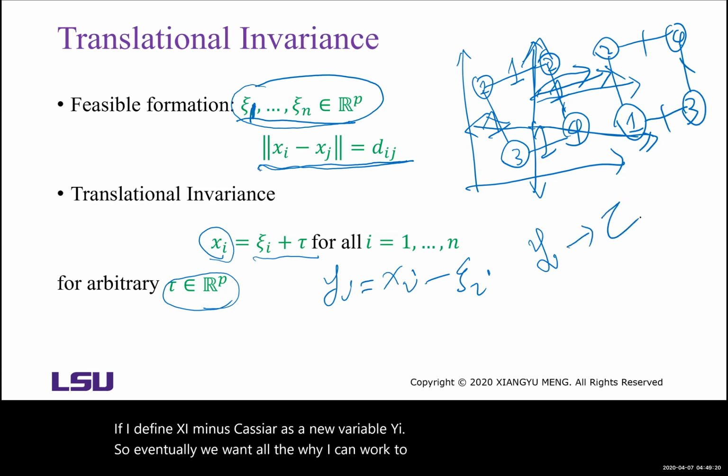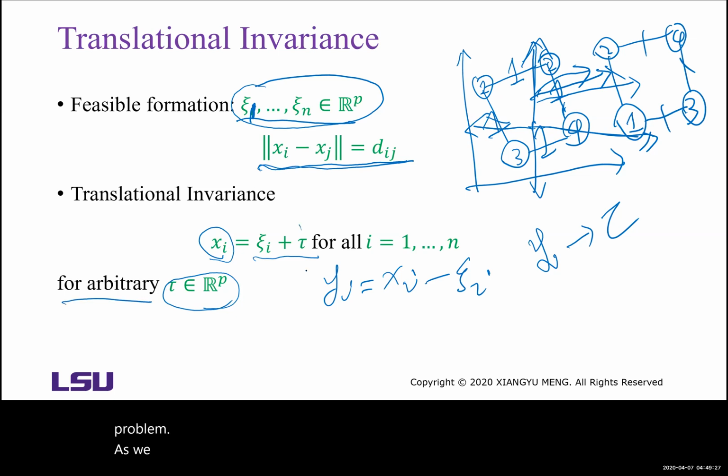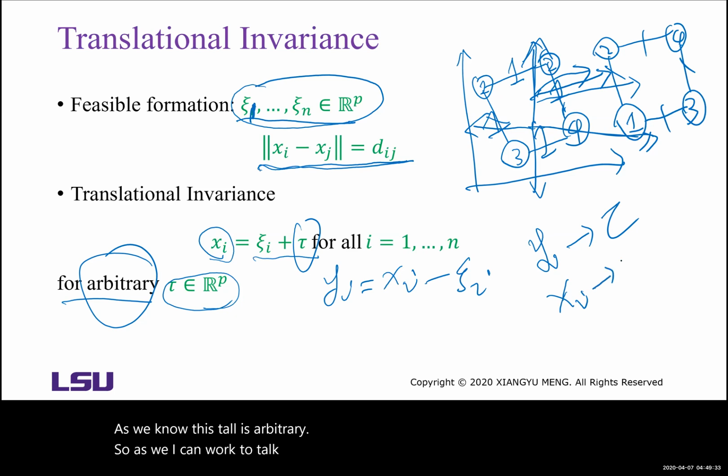This is exactly the consensus problem. As we know, this tau is arbitrary. So as yi converges to tau, xi will converge to ci plus tau.